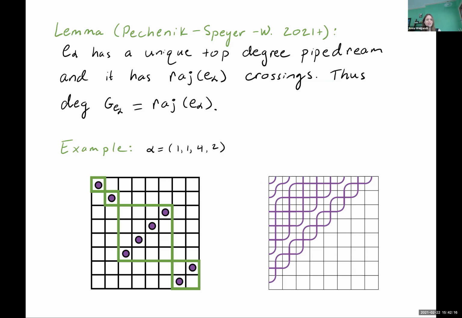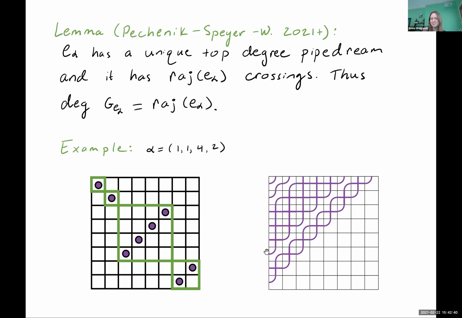Another lemma is that layered permutations have a unique top degree pipe dream, and it has Raj many crossings. Since it has a unique top degree pipe dream and you can count the number of crossings in this pipe dream, you can count explicitly that this is equal to Raj of E alpha.